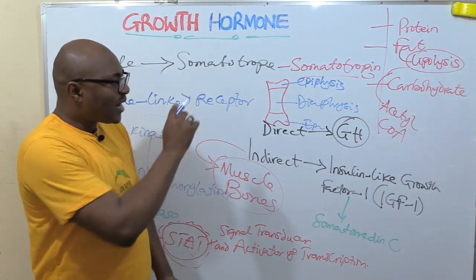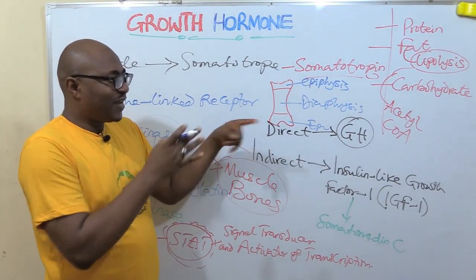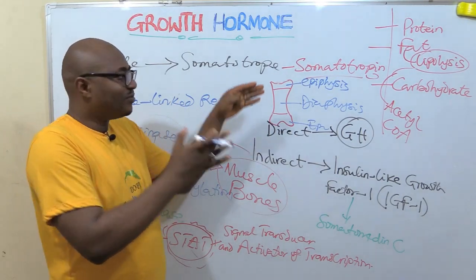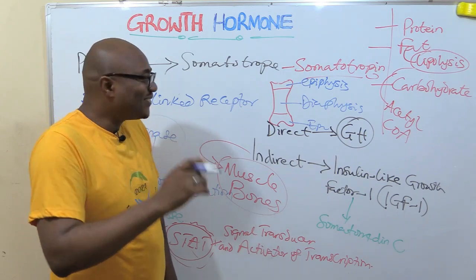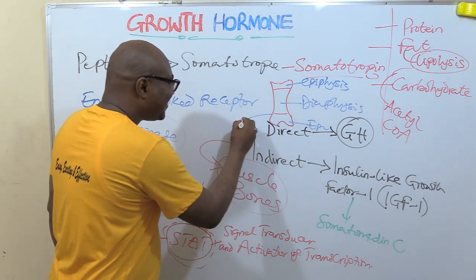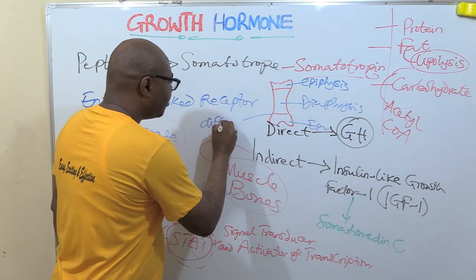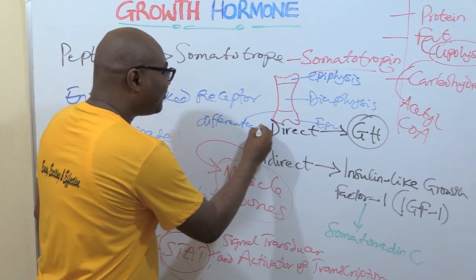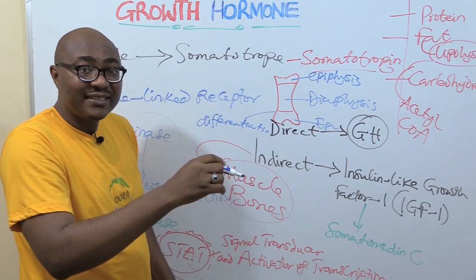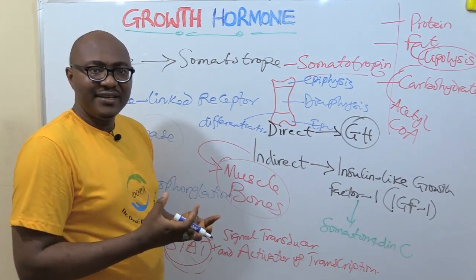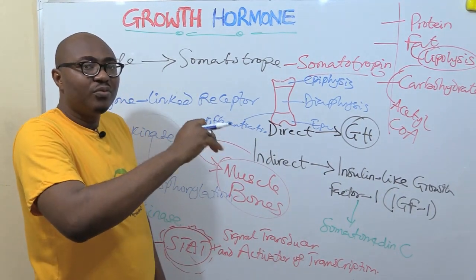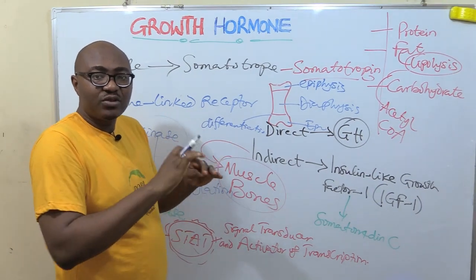They are growing. But apart from that, because if they are just multiplying alone, it will just be plenty of cartilage. So apart from proliferation, it also causes differentiation of those chondrocytes. Differentiation is change of structure or form. Differentiation into bone cells, osteocytes, osteoblasts.